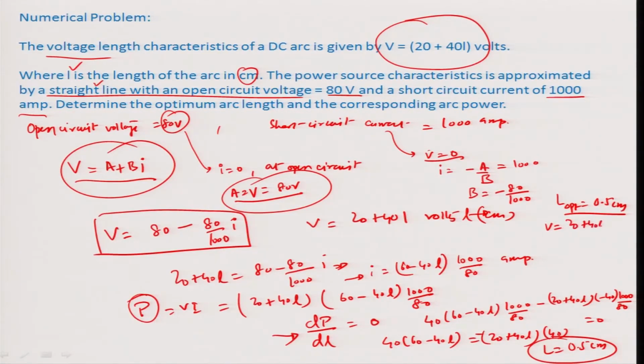So, V becomes equal to 20 plus 40 times 0.5, which is about 40 volts. Similarly, the current I can be recorded from the relationship between current and length here.